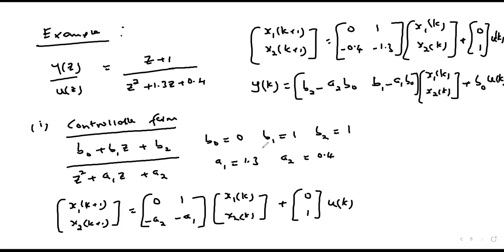Of course, B0 is 0. So our y of k can now be written as the matrix C, which is B2 minus A2 B0. But because B0 is 0, the whole of these terms will be 0. That means we'll have B2 and B1. So B2 is 1 and B1 is 1 into x1 of k and x2 of k.